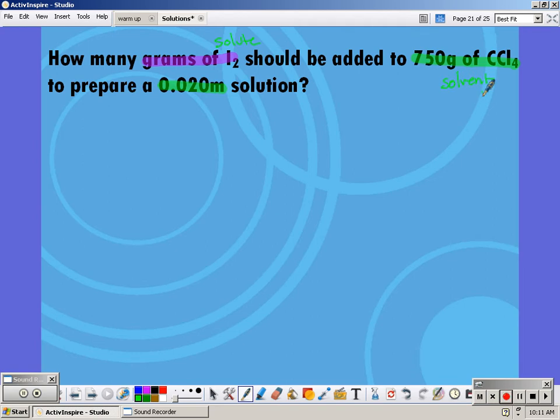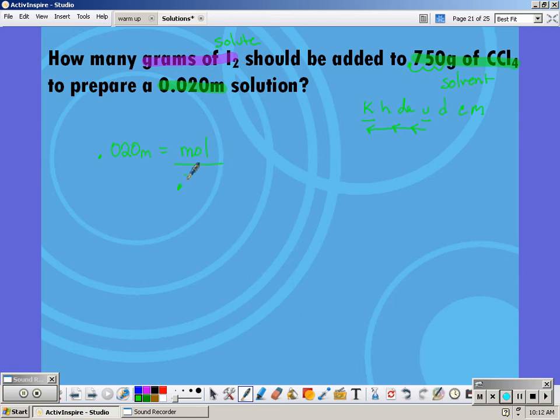My solvent has to be in kilograms, so King Henry died unusually drinking chocolate milk. We're going from grams to kilograms, so we're going to move to the left 3 spaces. My molality is equal to moles divided by kilograms.